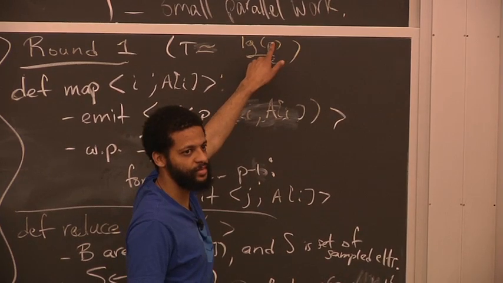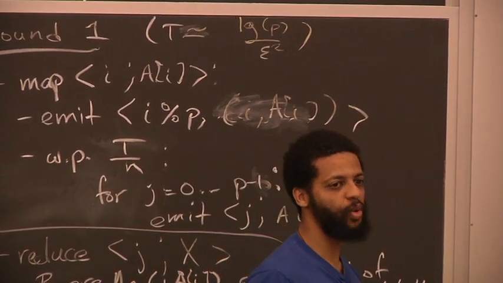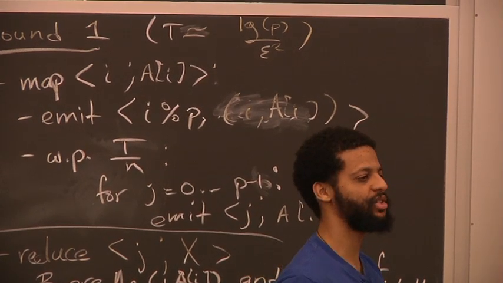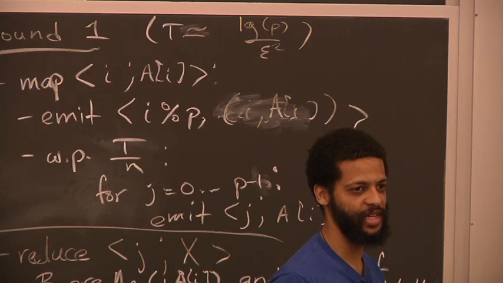So what that means is for each of the p quantiles we care about, that we're using to partition our elements to sort, with good probability we're correct on all of them simultaneously.